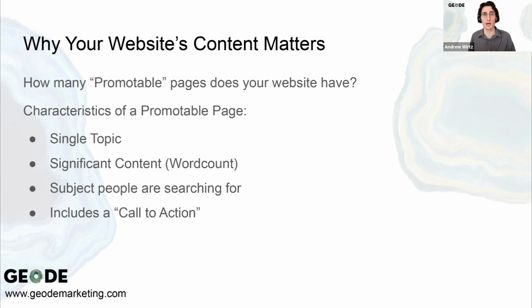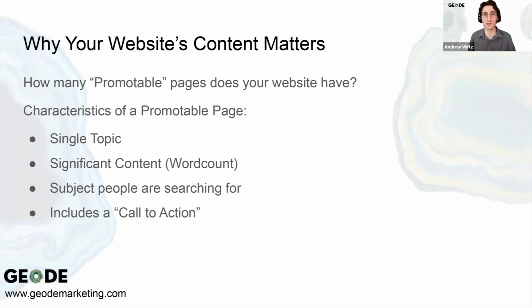Significant word count. Definitely the more content, the better, if it has the opportunity to educate these people who land on the page, but even just a paragraph or two is a great start. And then subjects people are searching for.